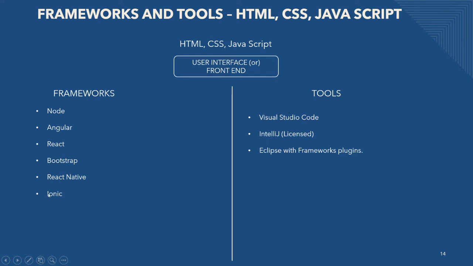Nowadays, all the modern front end applications are being developed using either Angular or React, and then they embed Ionic on top of it. The reason is that any application developed using Angular and React works perfectly well in all the modern browsers and all the devices in a responsive manner.